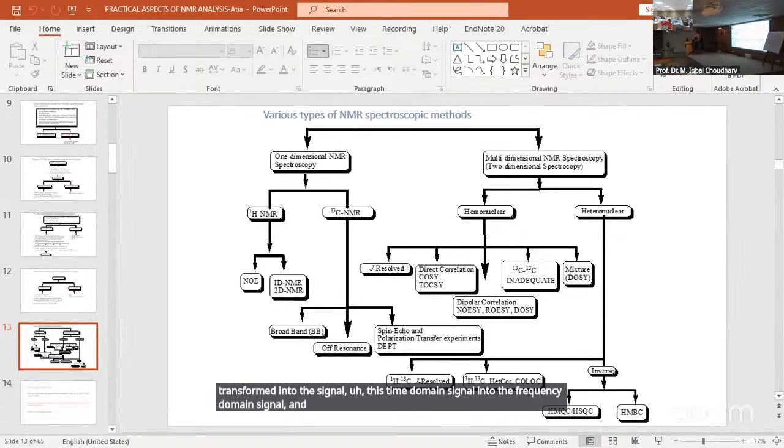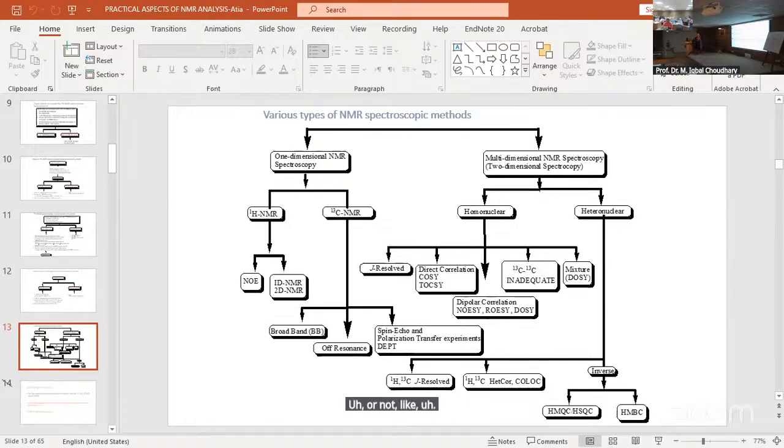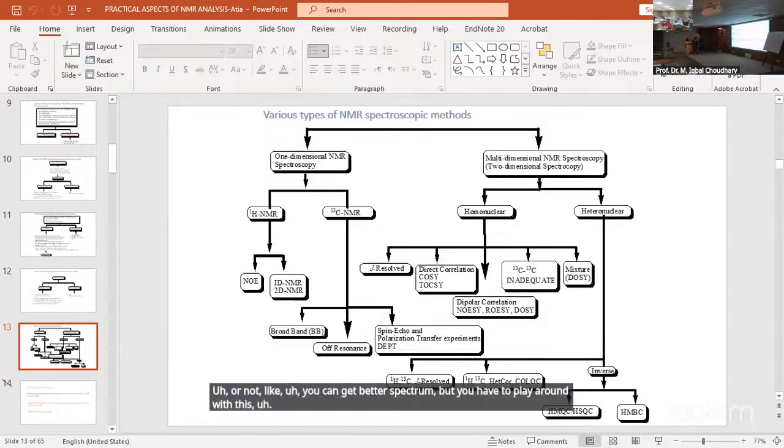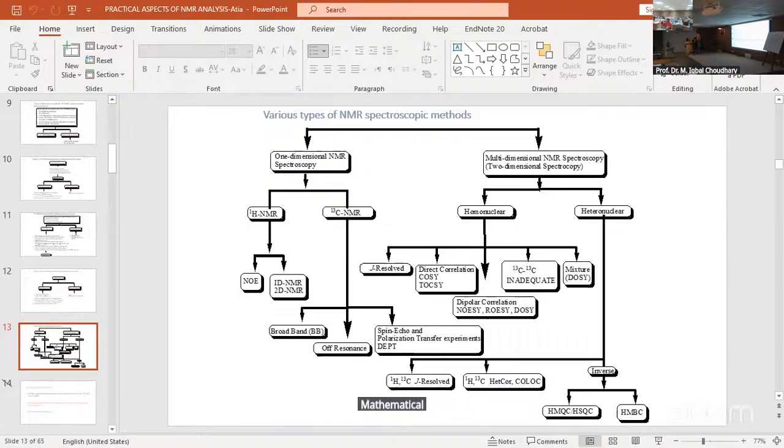And there are lots of parameters in TopSpin available that you can manipulate to increase the sensitivity, so you can get a better spectrum, but you have to play around with this mathematical calculation. I don't know about the artificial intelligence use in that case.